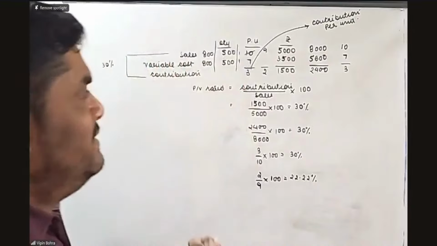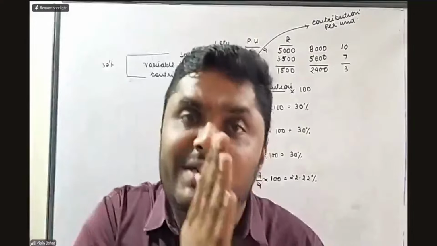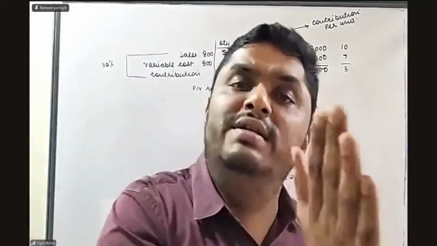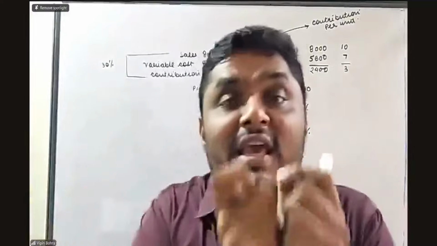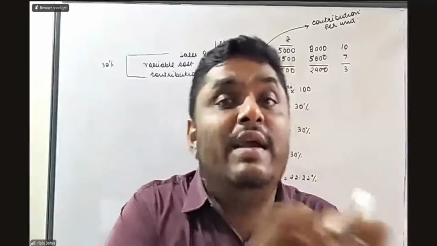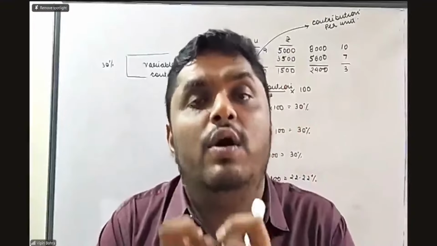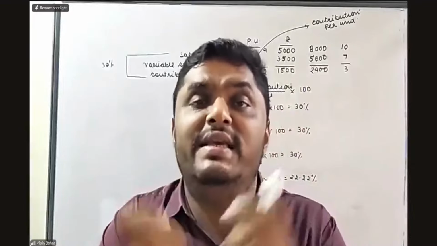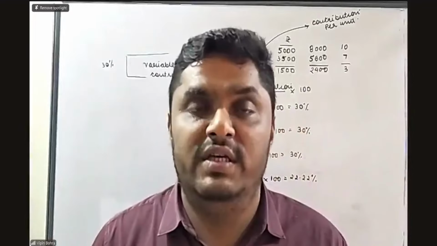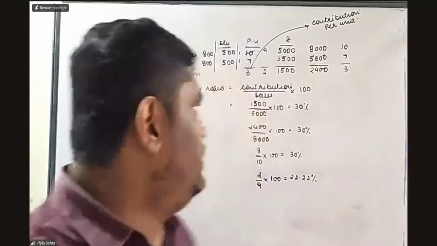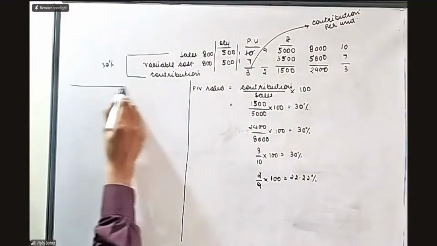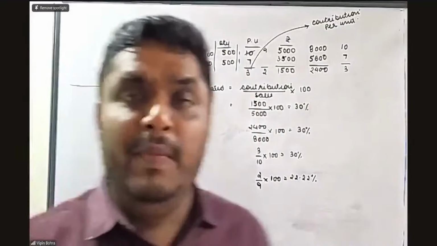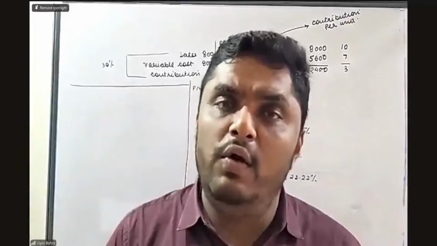So the point is, if the sales units are increasing or decreasing, there will be no change in PV ratio. But yes, if the selling price is increasing or decreasing, or variable cost per unit is increasing or decreasing, yes, the PV ratio will change. Now, in short, in general, also always make a note of it.